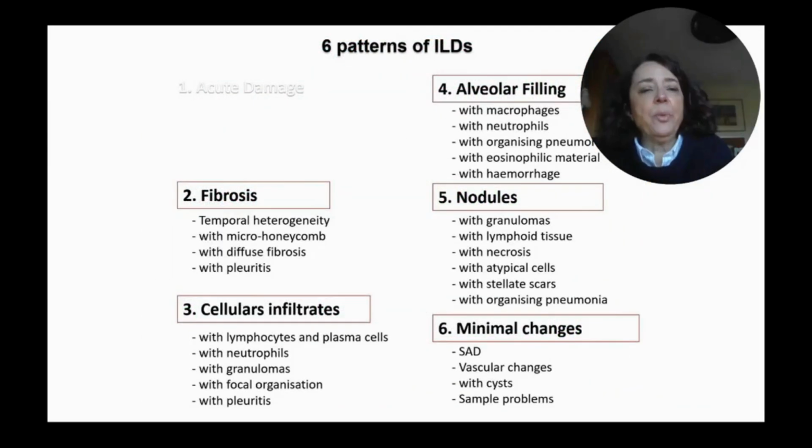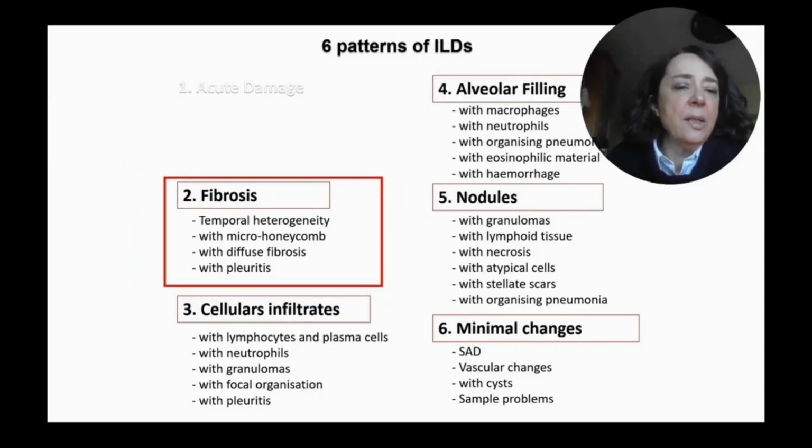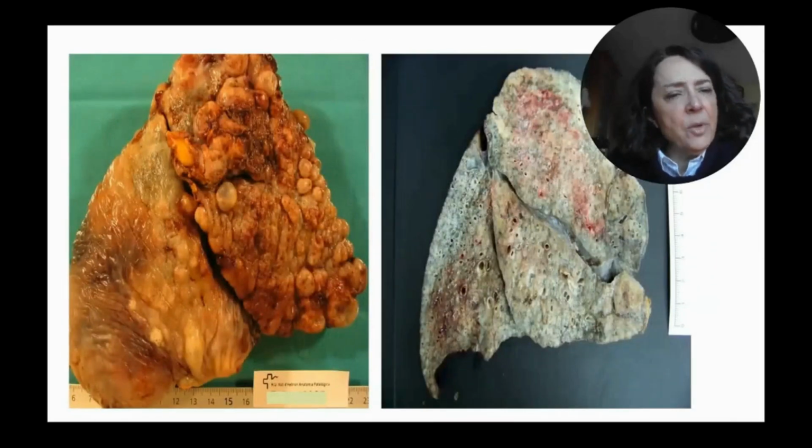So let's go to fibrosis. Fibrosis is what we always think of with interstitial lung diseases, and they're more complicated and difficult. I'm going to show you different examples with different pathologies. The first one on the left is histiocytosis, and the one on the right is an NSIP, a non-specific interstitial pneumonia.